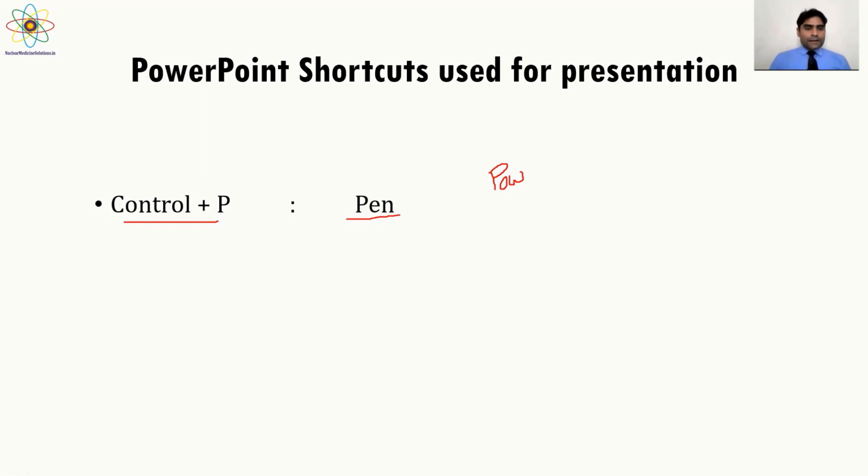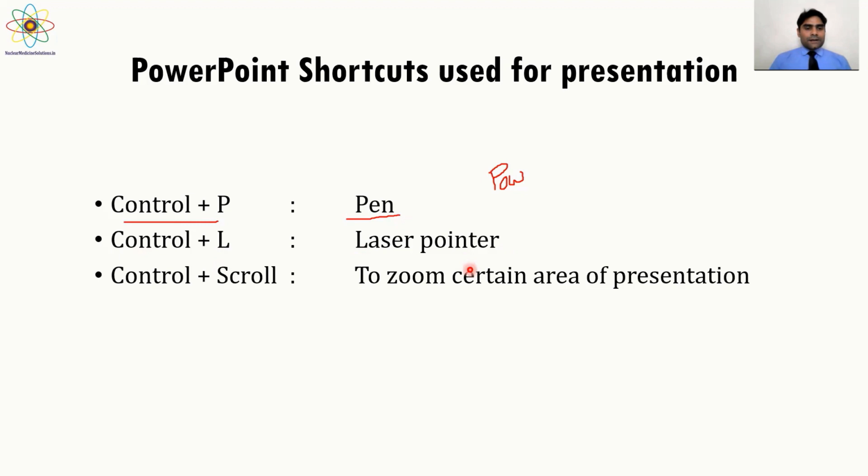There is another command, Control L, that is for the laser pointer. I'm going to press Control L. See, we can point it in the live presentation. There is another command, Control plus the scroll button.